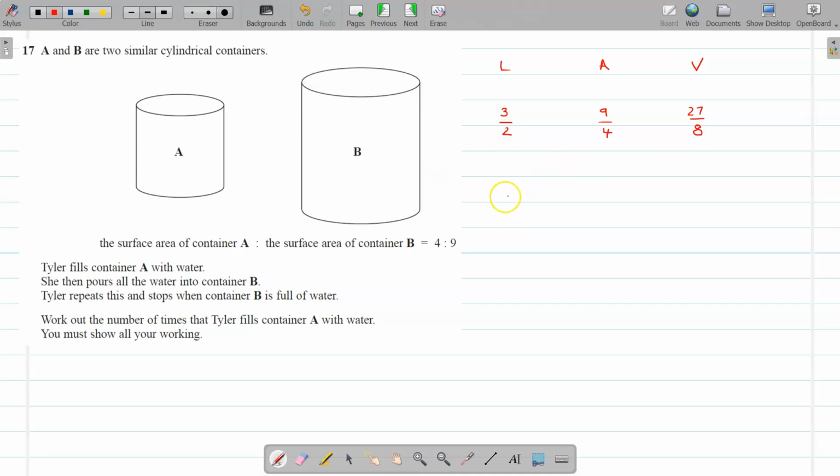Well, 27 over 8 is 3 3/8. So that means that she's going to need 3 3/8 lots of container A to fill B. So she's going to need to do it 4 times. That's the answer there.